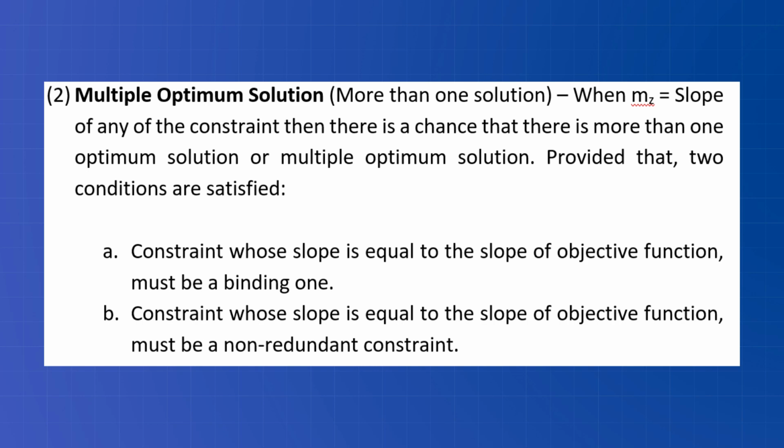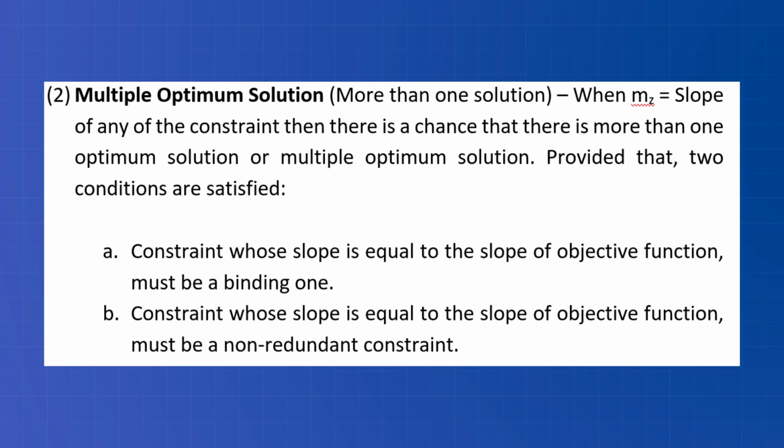The second special case is a multiple optimum solution. That means more than one solution. When the slope of the objective function, or m suffix z, is equal to slope of any of the constraints, then there is a chance that there is more than one optimum solution, provided that two conditions are satisfied.